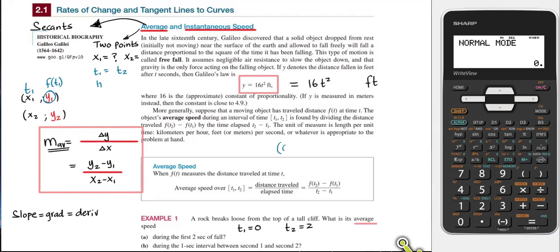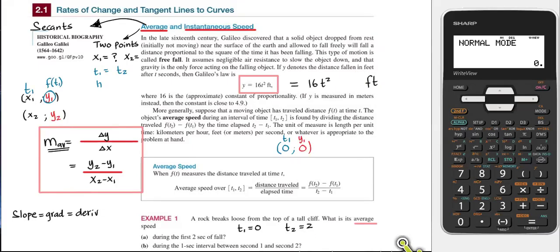When T1 is 0, what will be the Y value that goes with it? You just substitute it into that equation, so you have 16 times 0 squared. We can tell it's going to be 0, isn't it? Yes. All right, I put 0 there. That will be our Y1.